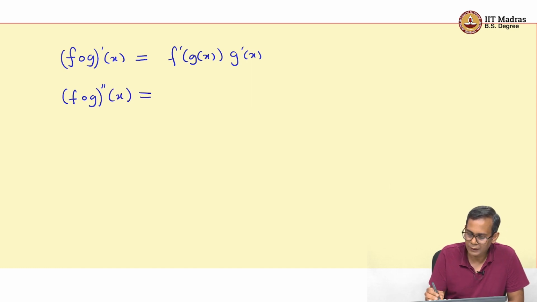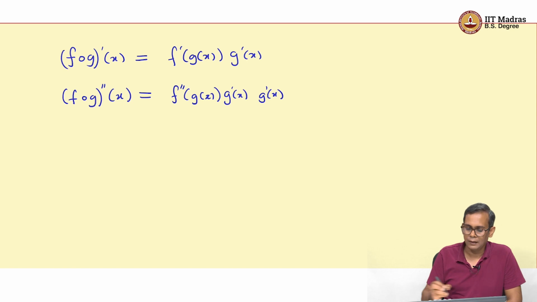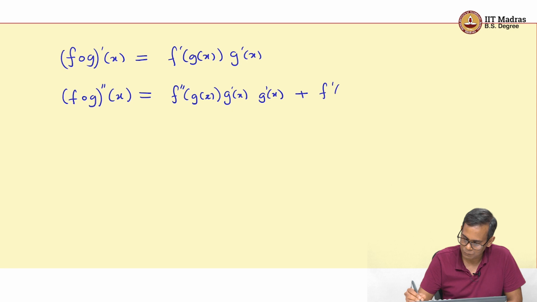We need to differentiate this product, so we will use Leibniz's product rule. First we must differentiate the first factor using the chain rule. What we get is f double prime of g of x times g prime of x, and then we had that g prime of x term, and then we must differentiate the second factor, keeping the first factor the same. So, f prime of g of x times g double prime of x.